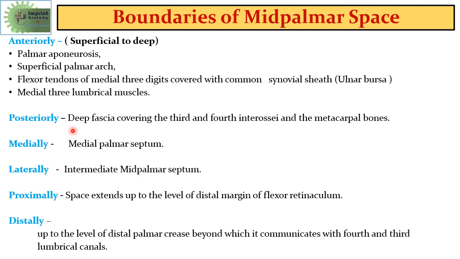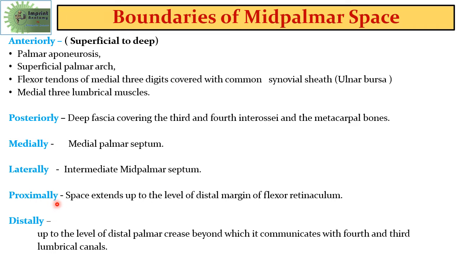Posteriorly, there is a deep fascia covering the third and fourth interossei muscles and the metacarpal bones. Medially, there is the medial palmar septum, and laterally the mid-palmar space is bounded by the intermediate palmar septum.